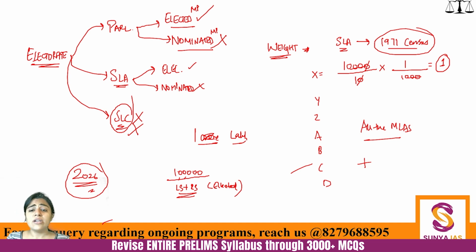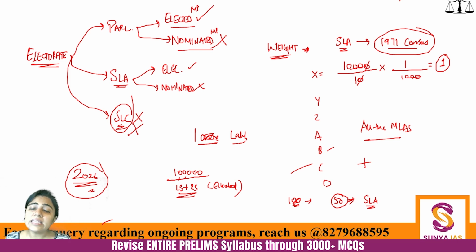Another thing, which doesn't really impact the presidential election, is that within a state, let's say this particular state has been given, for example, 100 seats. Okay, let's say 50 seats in the Lok Sabha, 50 seats in the state legislative assembly.